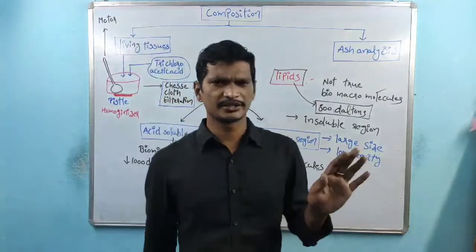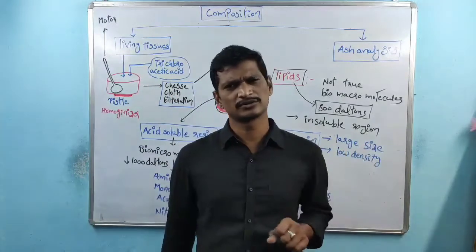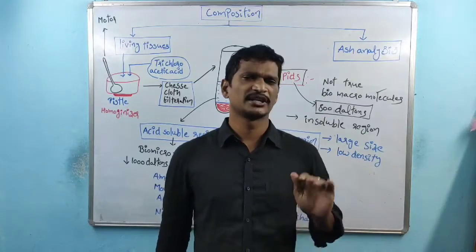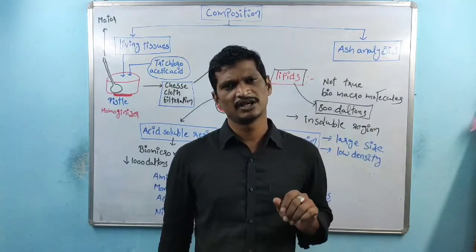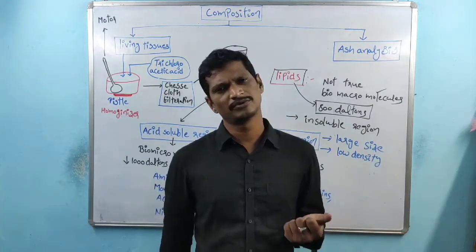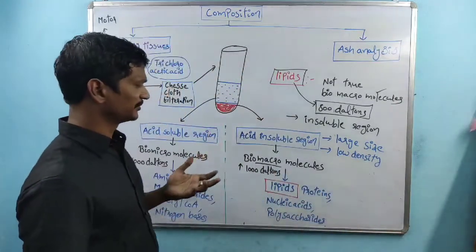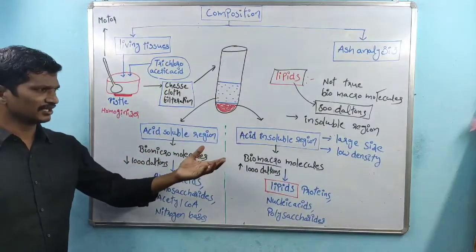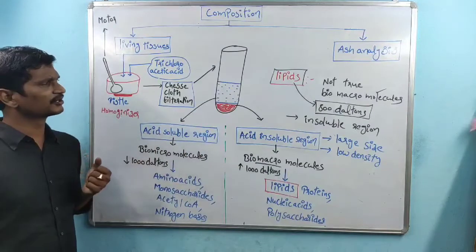Lipids are not strict biomacromolecules because they are present in the insoluble fraction, have large size, and have low density. The option is the fourth option, all of the above, right? So that is about lipids, and the insoluble and soluble regions.